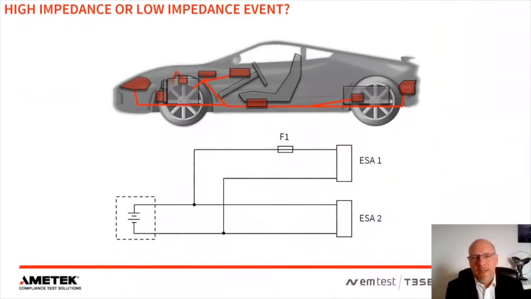So it's worth taking a couple of moments to think about what happens in the car. Basically, in the car, everything is in parallel all the way back to the battery. So every DUT sees the impedance of every other electronic subassembly in the car. There are exceptions.